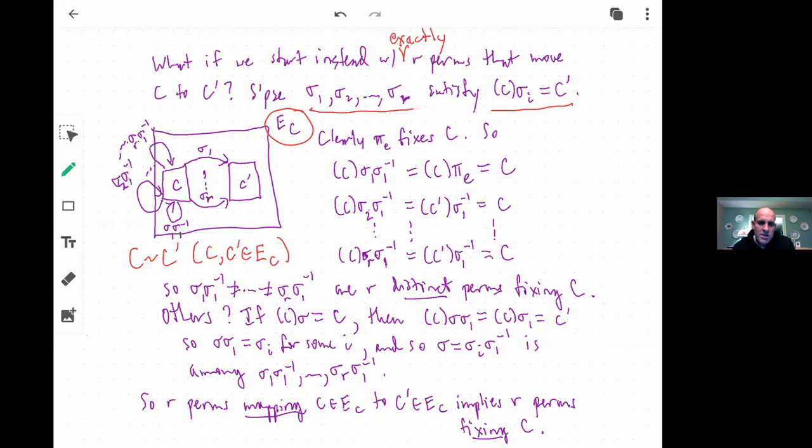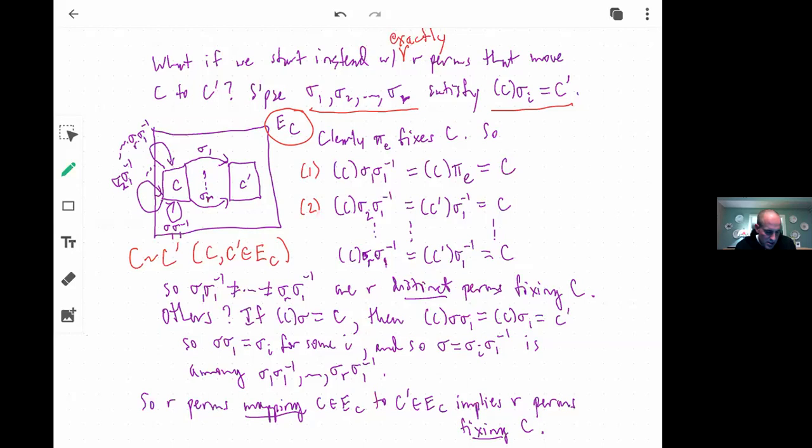I want to construct a bunch of things that happen to fix C, and here's how we're going to do it. What if I take sigma 1, sigma 1 inverse? Clearly that's just the identity, and that's going to fix C. So there's one. What if I take sigma 2, sigma 1 inverse? Well, what does sigma 2 do to C? All of these things send C to C prime. So sigma 2 of C is C prime.